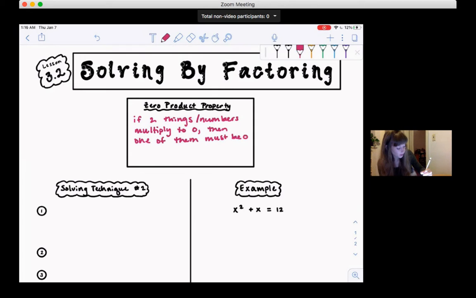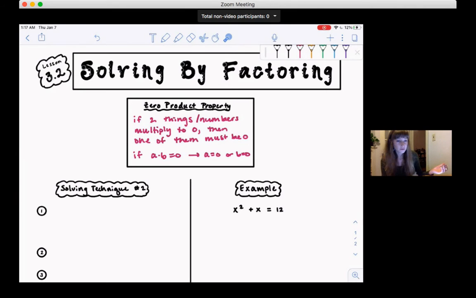So, kind of symbolically, we could represent this as: if A times B equals 0, then A equals 0 or B equals 0. So we have two numbers multiplied together giving 0, then either this one is 0 or this one is 0.